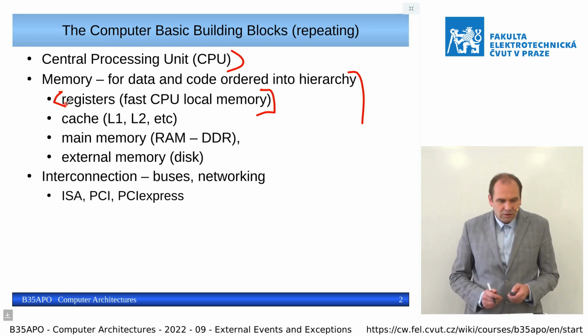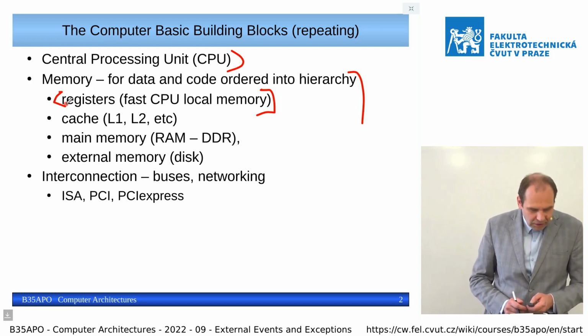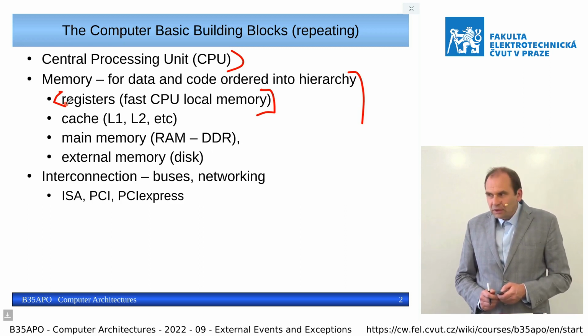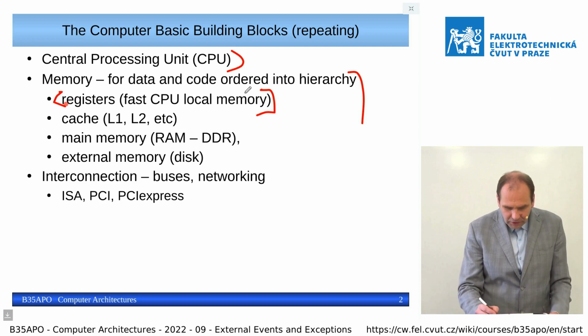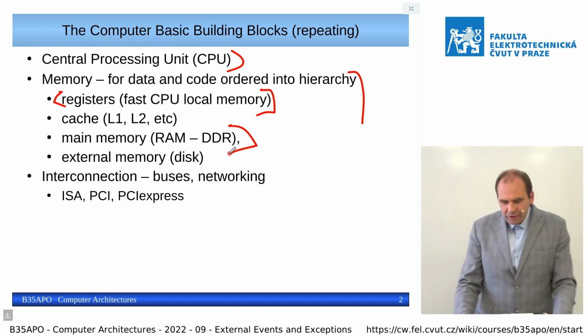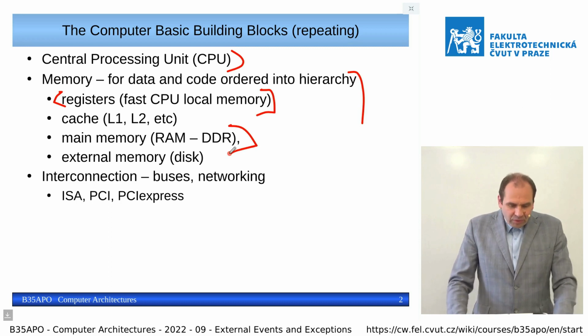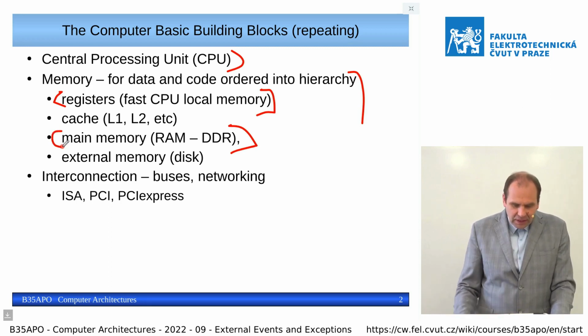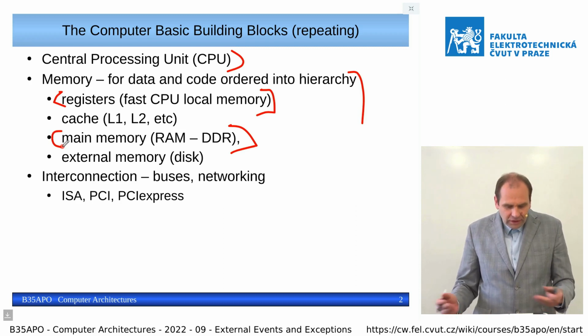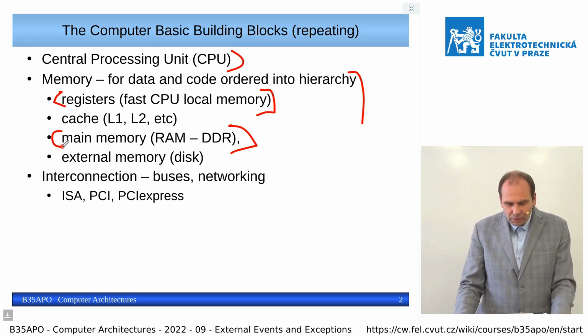It is under the control of the processor what is and what is not in the registers. Then there is a main memory where we organize data as we want to use them and as they are somehow logically interconnected and so on.